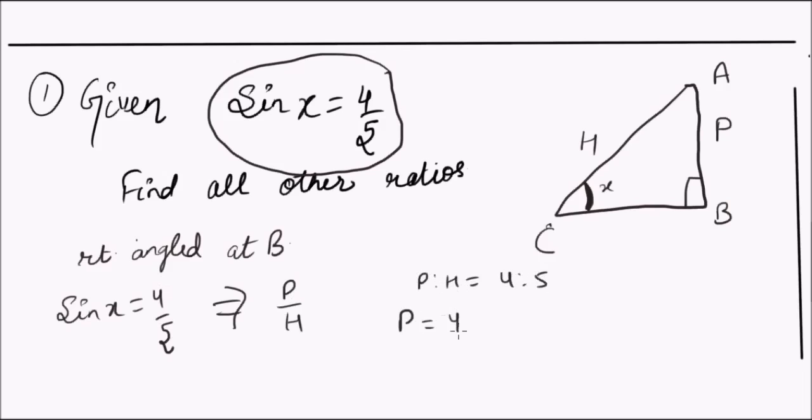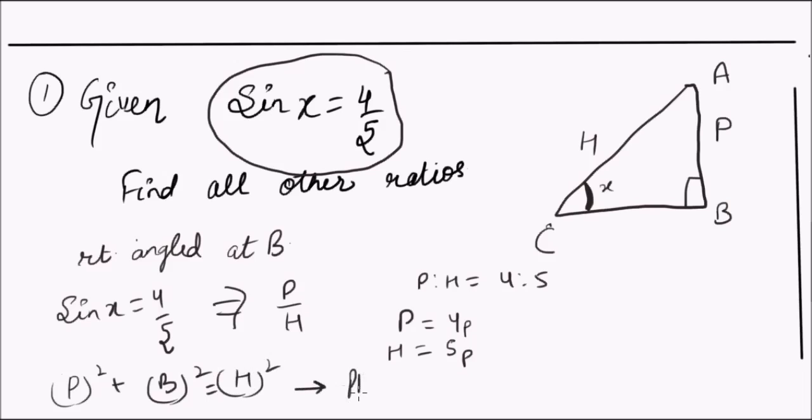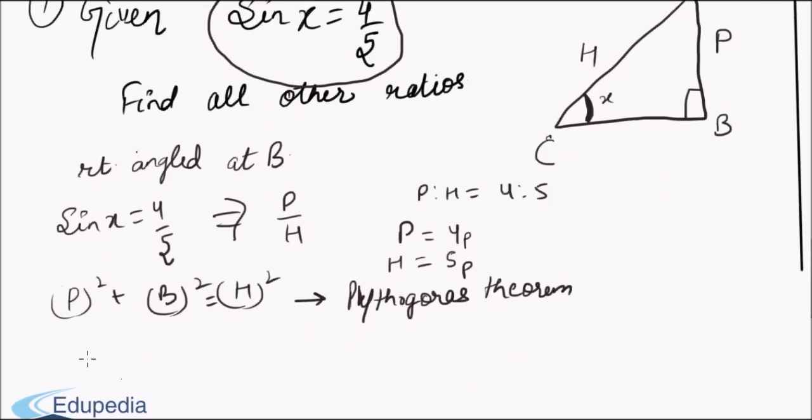Or we can say if P is 4 into some variable, say p, then hypotenuse will be 5p, where p is a constant number. Thus, by Pythagoras theorem, which states that perpendicular square plus base square equals hypotenuse square, we can easily find out base.